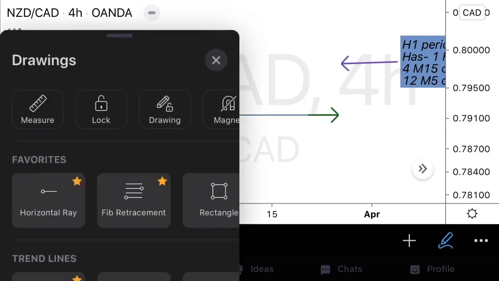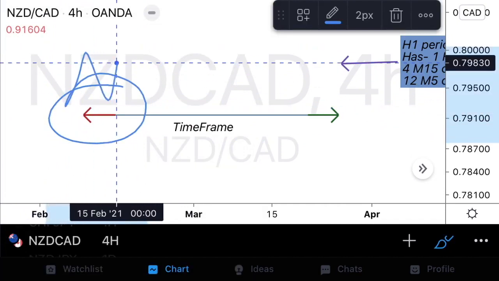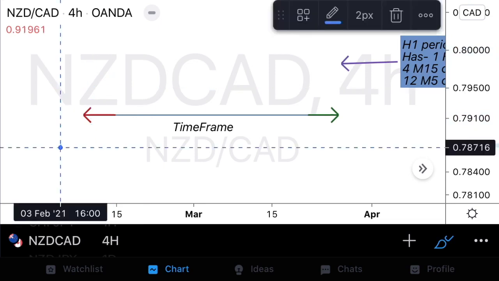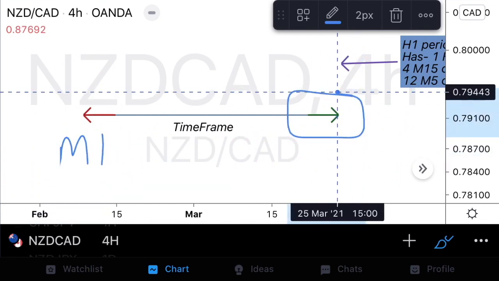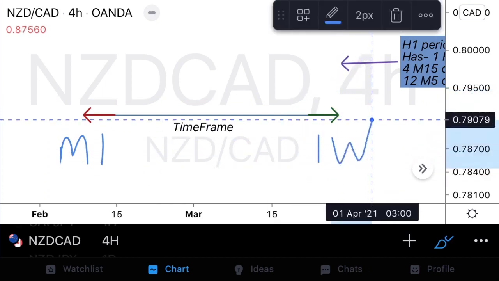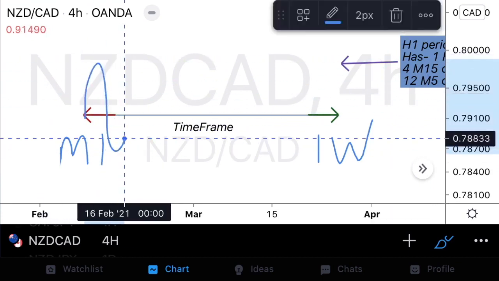Now, what we just discussed: as the time frames get lower, so we see this red arrow here, this denotes our low time frames, like the 1 minute. As time frames get higher, this green arrow will denote our high time frames. Just for this example, we'll use our 1 week time frame. So what we can conclude from everything we just spoke about is that the lower the time frame, the more noise we have.